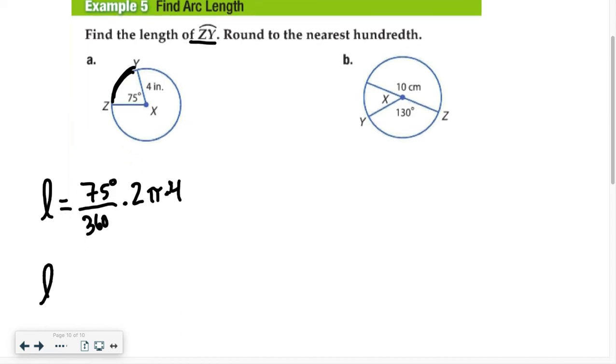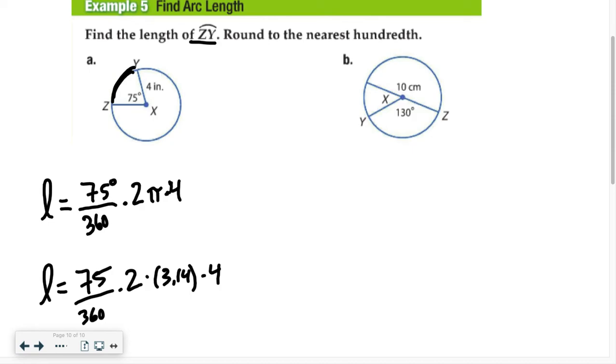Okay, and so you guys can plug this all in at once. So 75 divided by 360 times 2 times 3.14 times 4. Plug it in just how I read it.